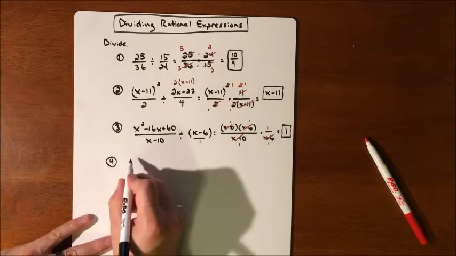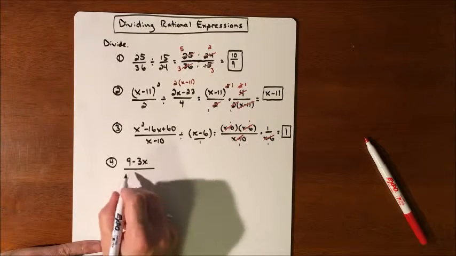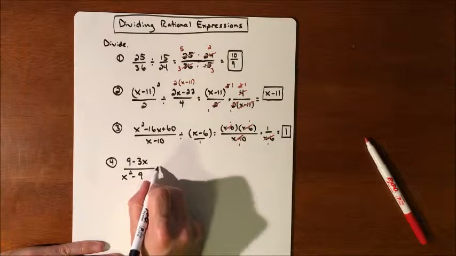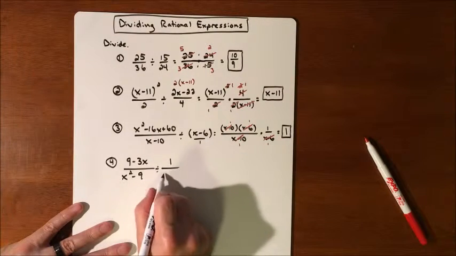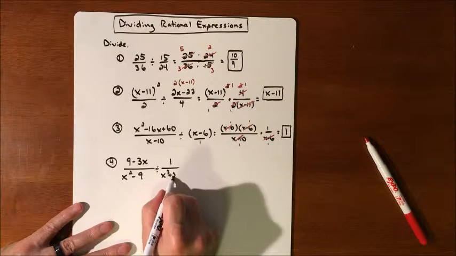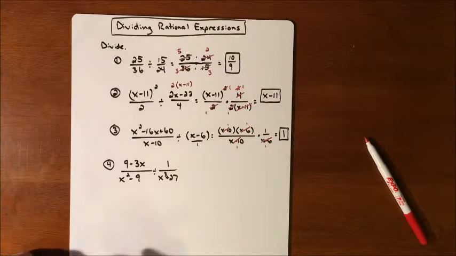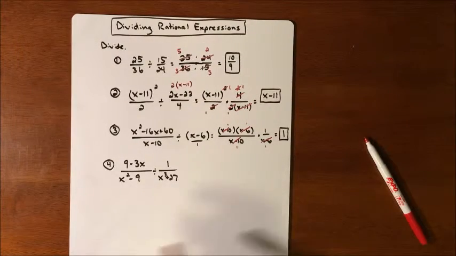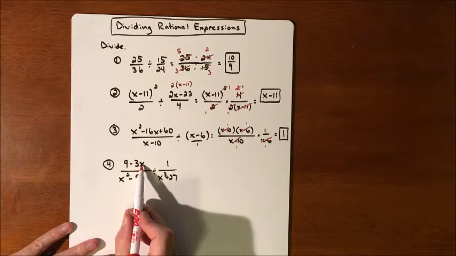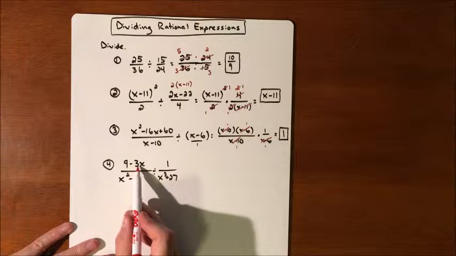All right, last one. 9 minus 3x over x squared minus 9, divided by 1 over x cubed plus 27. Okay, so the very first thing I see with the numerator of the first fraction, I don't like that my x is not at the beginning of my expression, and I don't like that it's negative.